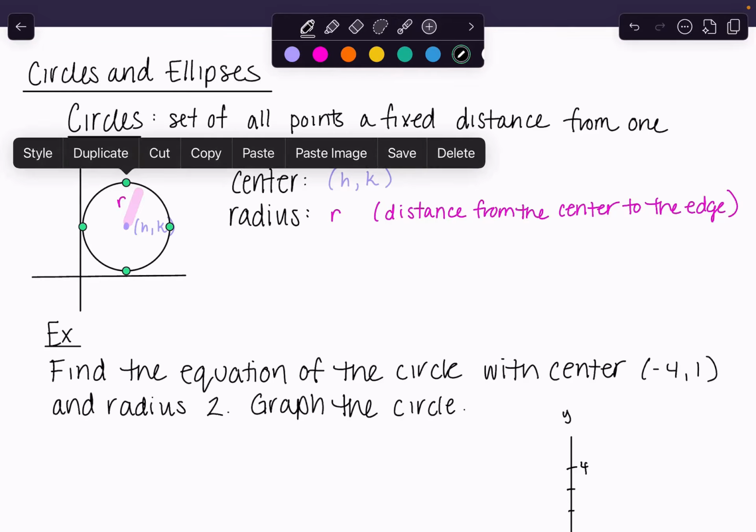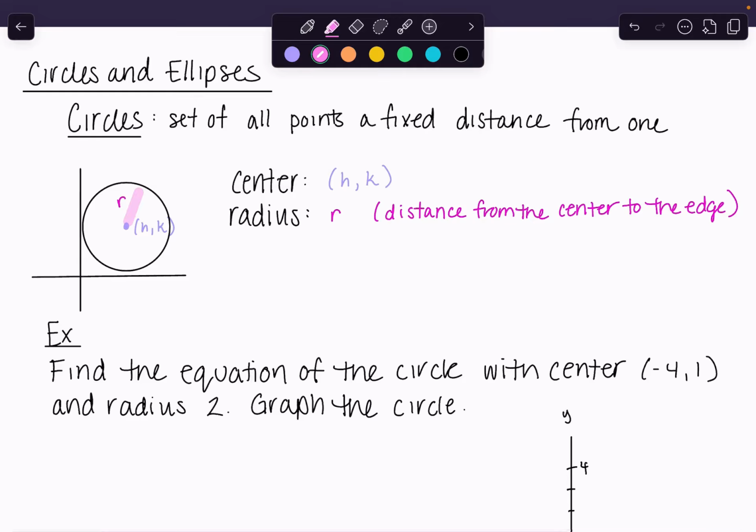Okay. So again, if I look at the distance from here to the edge, that is also r. Here to the edge, also that distance r. So we have a standard form for our circle. It just depends on that center and the radius.